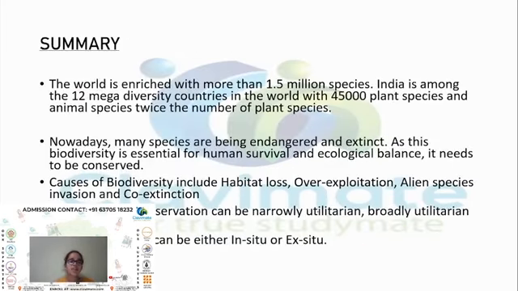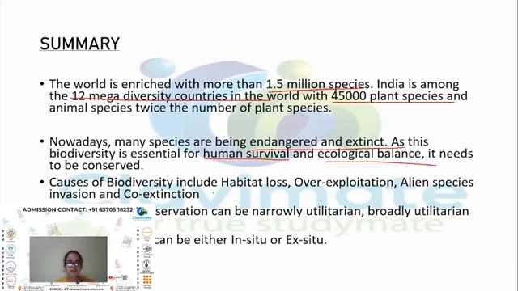So coming to the summary, the world is enriched with more than 1.5 million species. India is among the 12 mega diversity countries in the world, with 45,000 plant species and animal species, twice the number of plant species. Nowadays many species are being endangered and extinct, and biodiversity is essential for human survival and also for ecological balance.